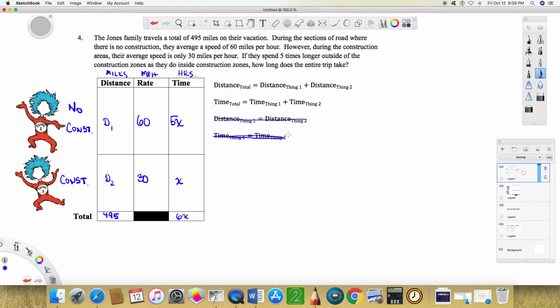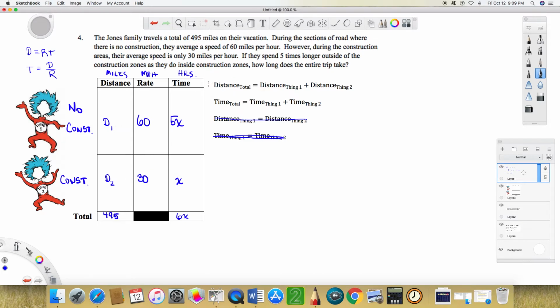We know that distance is equal to rate times time. Solving that for time, time is equal to distance divided by rate. If we pick to use the total time, then when we have distance divided by rate, we're going to have too many unknowns.